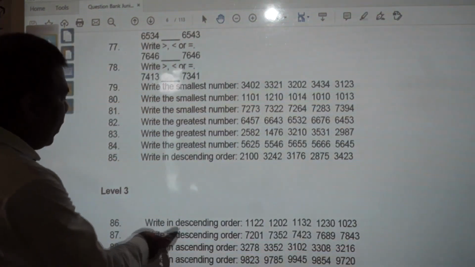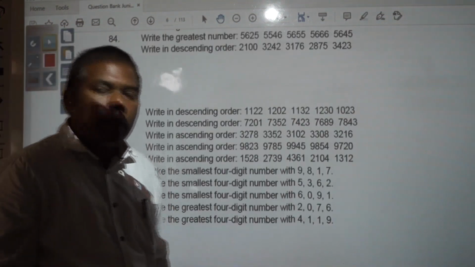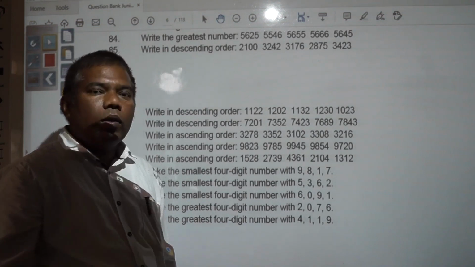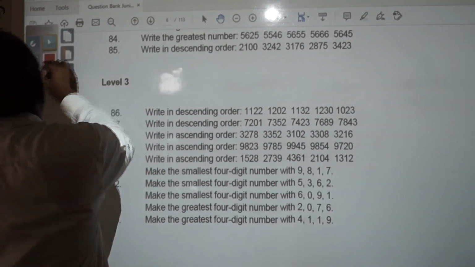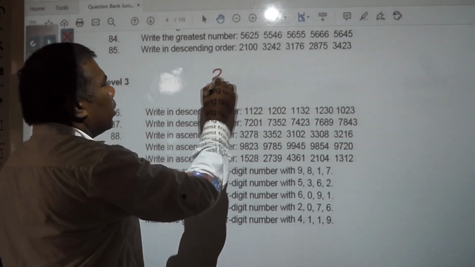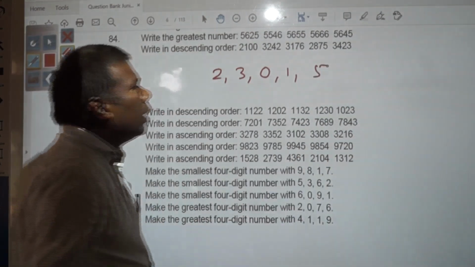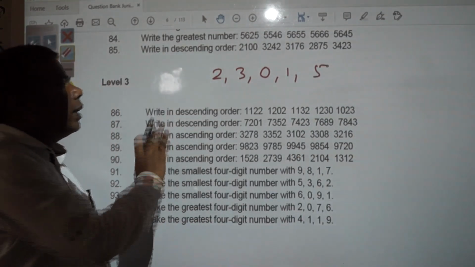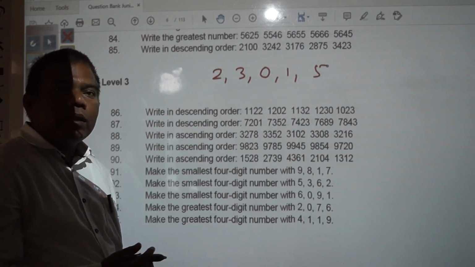So next we have ascending order and descending order. Again, in previous classes you have already learned. Suppose a very simple example you take, some smaller numbers: 2, 3, 0, 1, 5. Now you need to write this in ascending order. Ascending order, it means what?